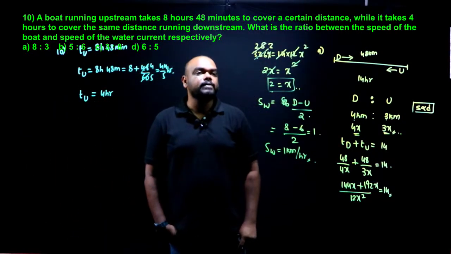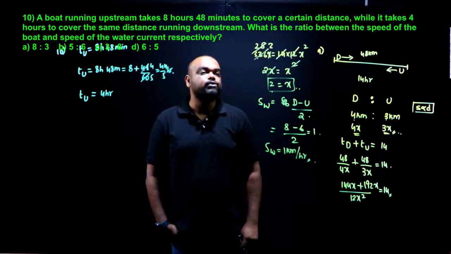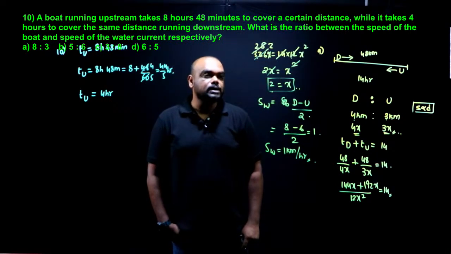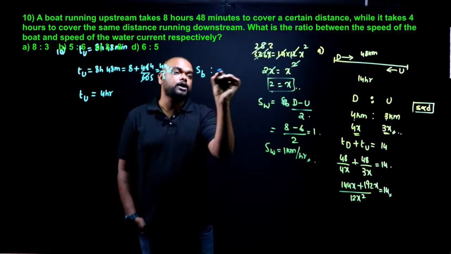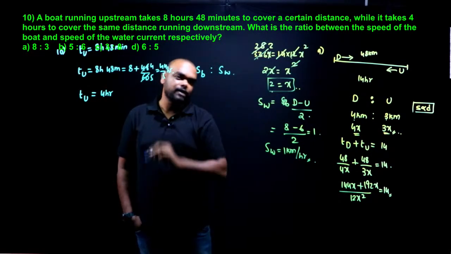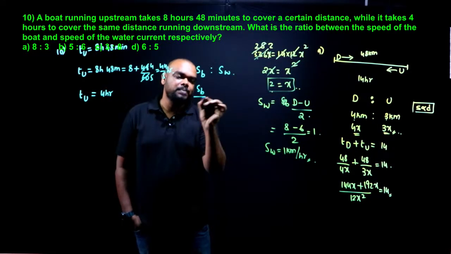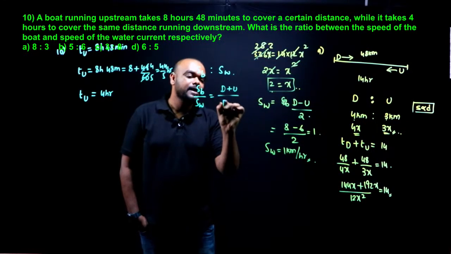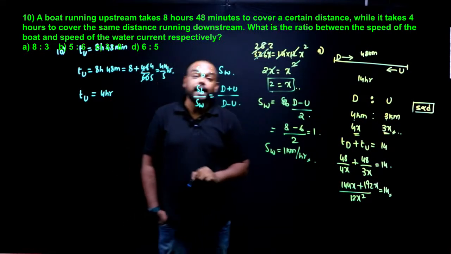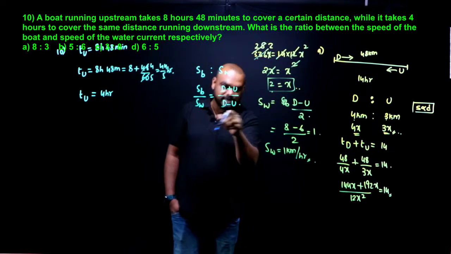What is the ratio between the speed of the boat and the speed of water current respectively? So he is asking speed of the boat to speed of water current. Recall, I gave you one formula in the beginning: B by SW is equal to D plus U divided by D minus U. Why? This is D plus U by 2 and this is D minus U by 2.